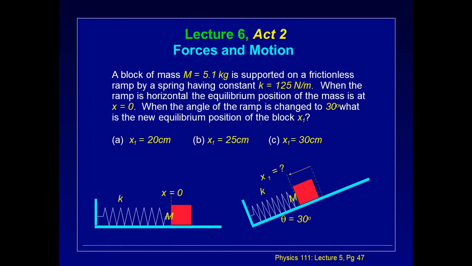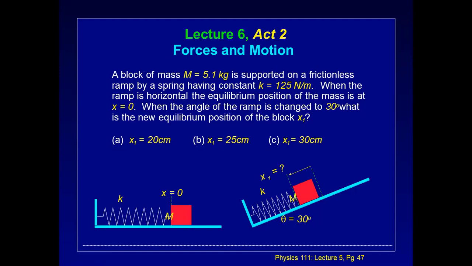A block of mass 5.1 kilograms is supported on a frictionless ramp by a spring having constant k equal to 125 newtons per meter. When the ramp is horizontal, the equilibrium position of the mass is at x equal to 0. When the angle of the ramp is changed to 30 degrees, what is the new equilibrium position of the block, x1?